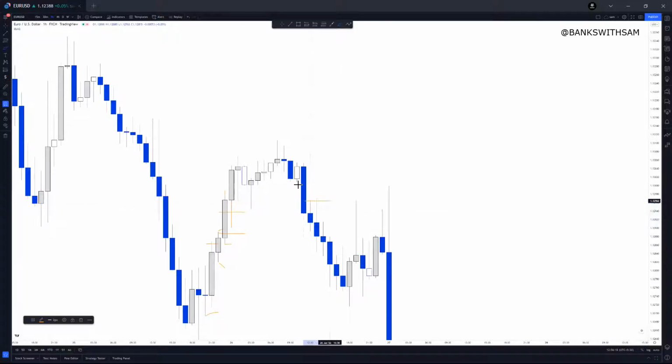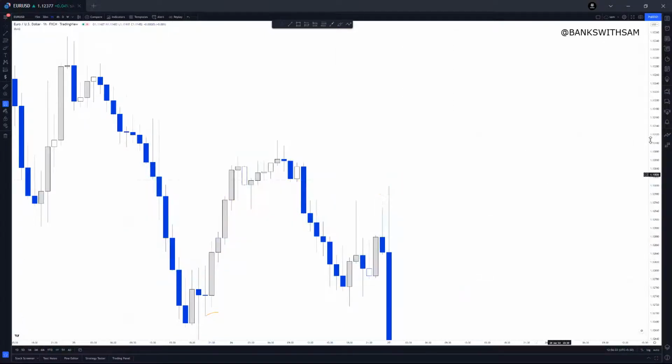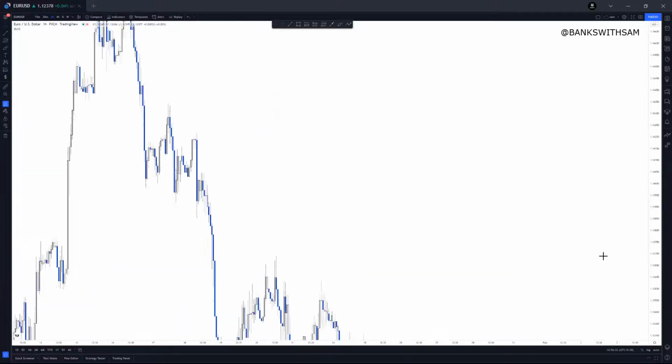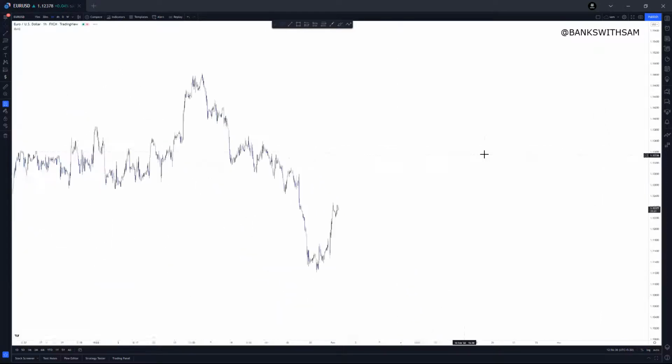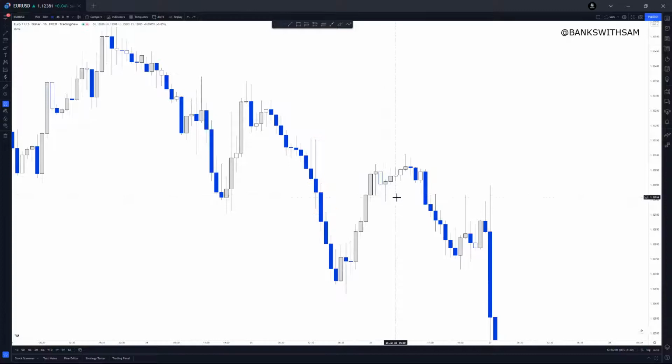Here there is also inefficiency: price just wicked into the inefficiency and moved all the way to the downside. I can't really delete it because I think I had a drawing right here. No problem, I'm going to undo everything.